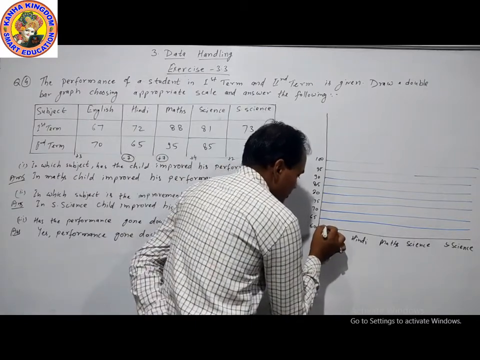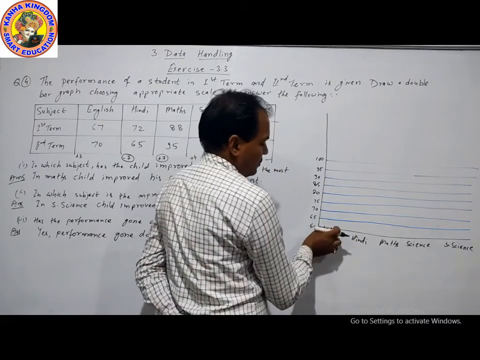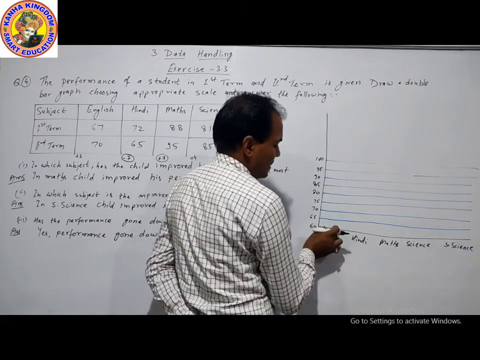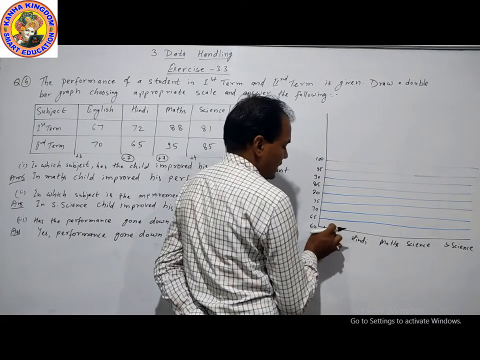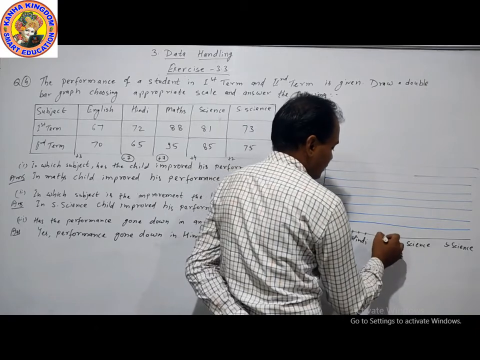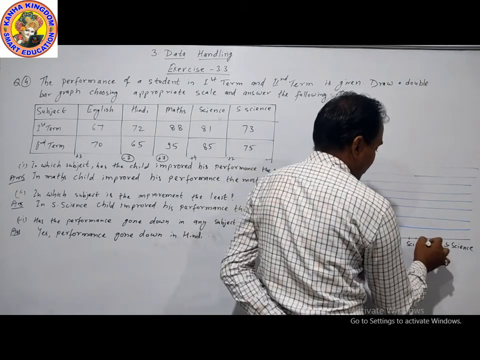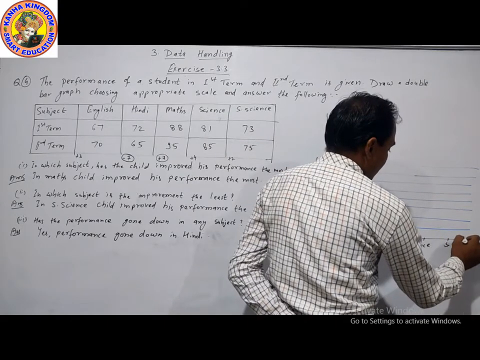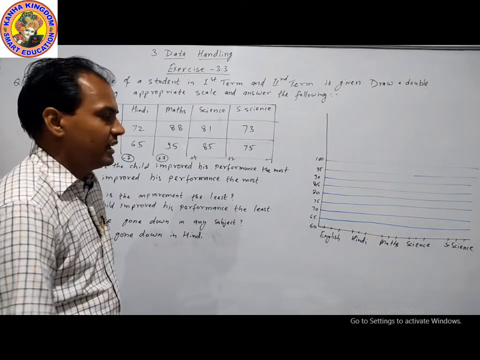We use a double bar graph. So for a double bar graph, a single bar is here, so we use 3 lines: 1 2 3, 1 2 3, 1 2 3, 1 2 3. I will draw a double bar graph.